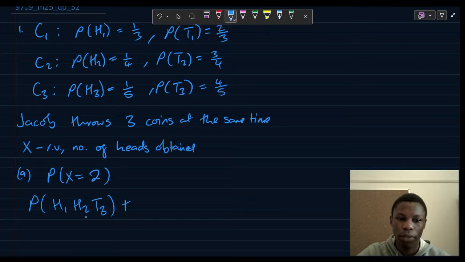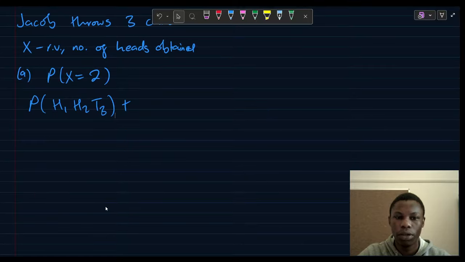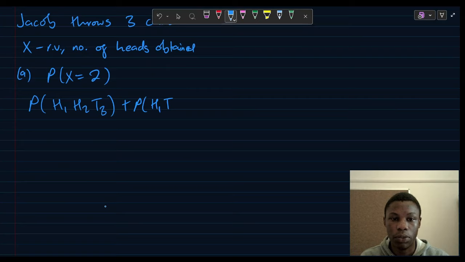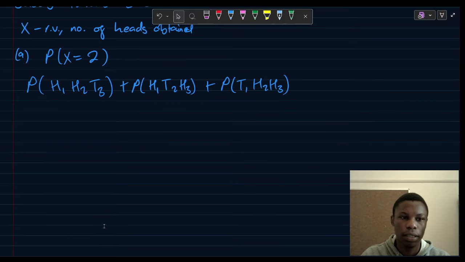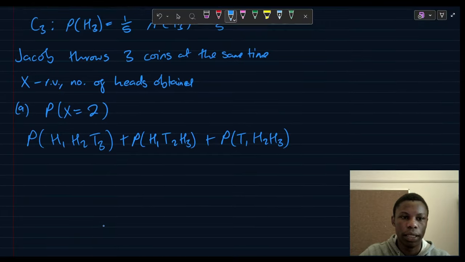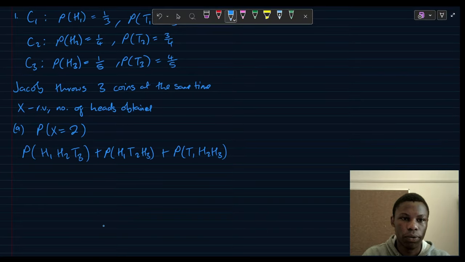And then the other combination we could have would be head 1, tail 2, and head 3. Or the third one would be tail 1, head 2, head 3. Because in all 3 of these combinations we've got 2 heads, and so we can evaluate each one of those.